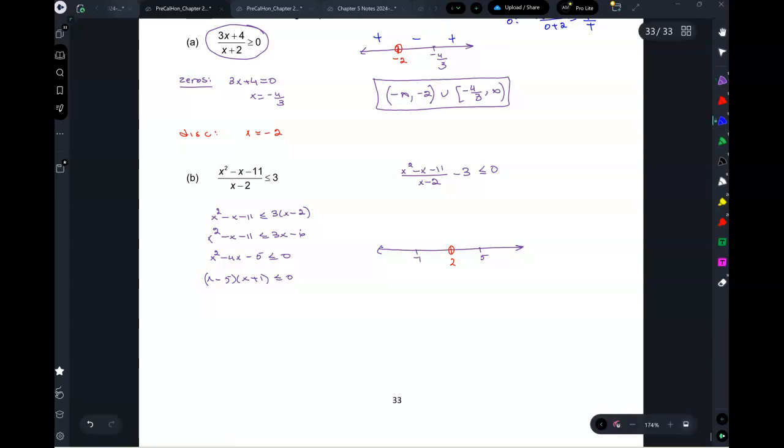So here we go. 0 is in this region. We're going to plug it in here. And if I plug in 0, in the numerator here I get negative 11 over negative 2 minus 3. Positive or negative? That's positive. So 0 is here, positive.